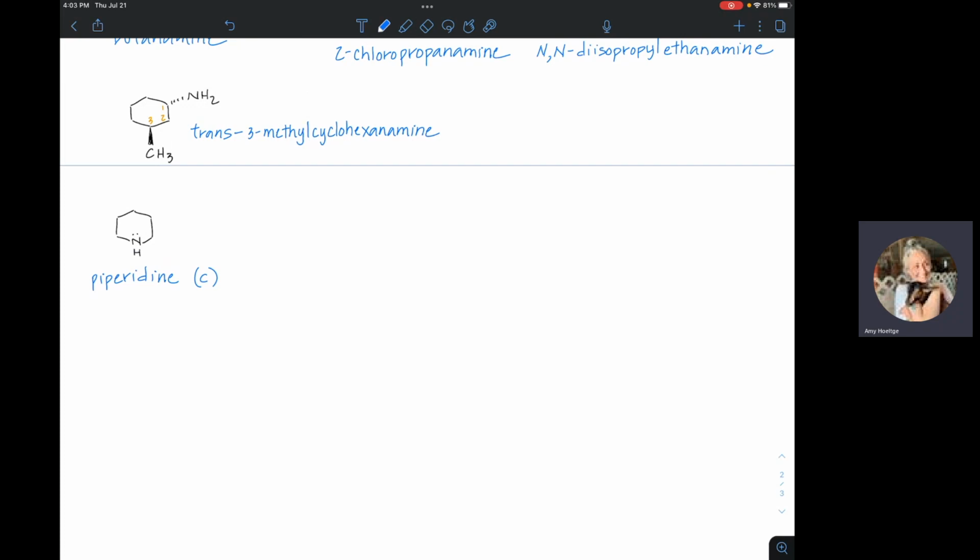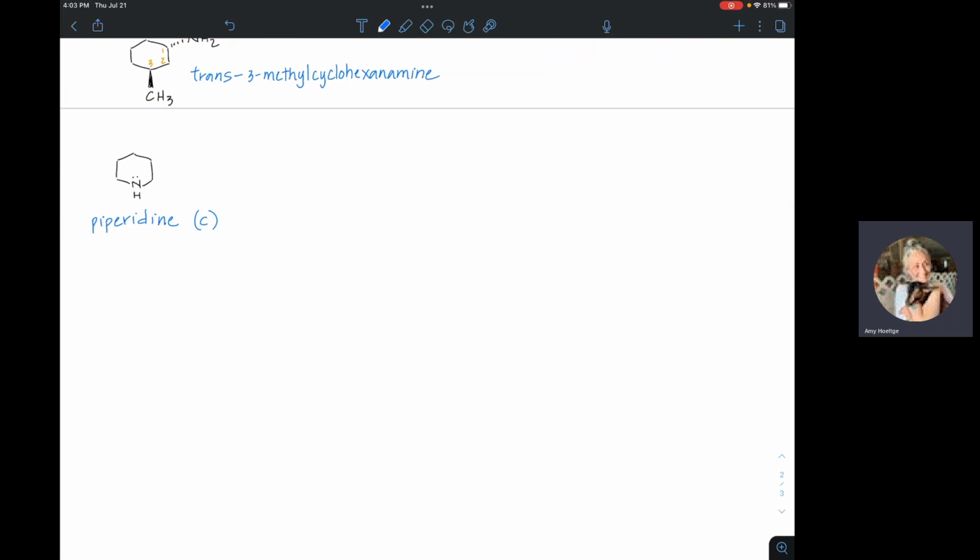It's named after the cyclohexane, but you've got to tell somebody that one of those carbon positions is occupied by a nitrogen. We have a prefix that we use for that. It's aza. So we say aza and then cyclohexane. So this will be systematic.